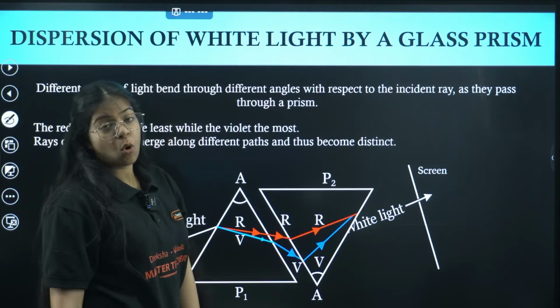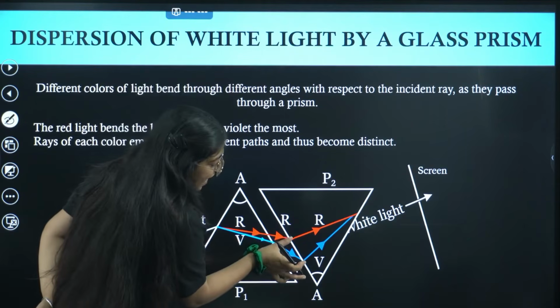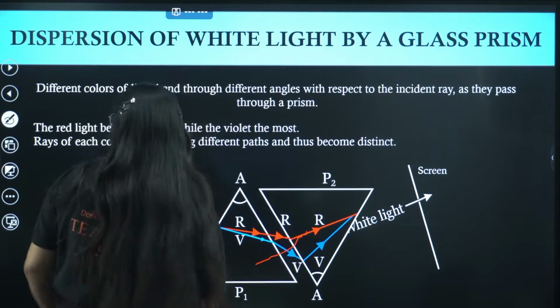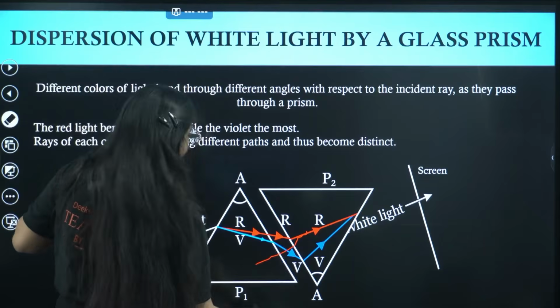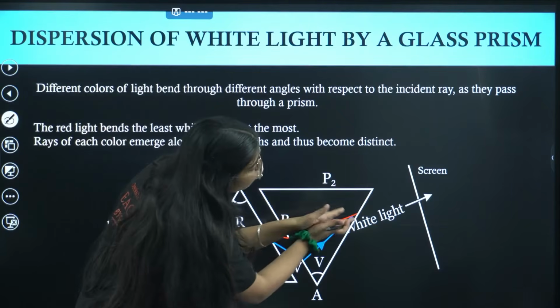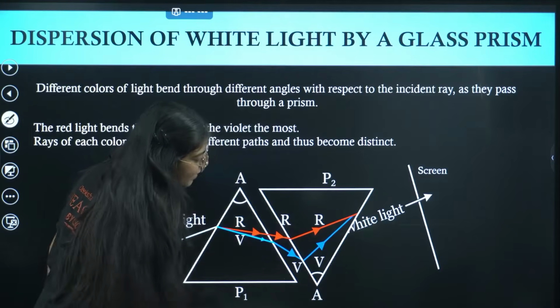Now, what he saw blew his mind. He saw that when these 7 colors again entered the prism, they rejoined together. This is red, this is violet. They came out as red and violet.